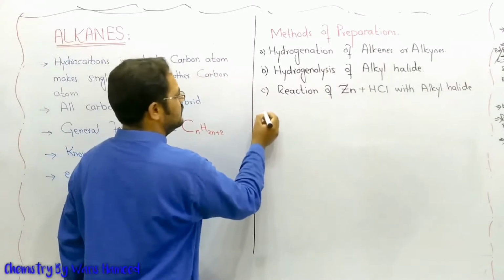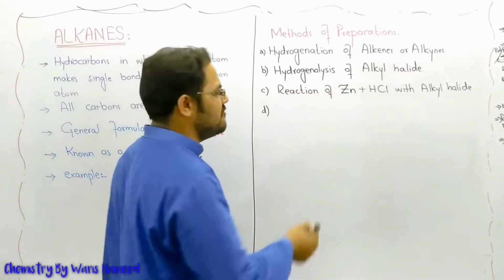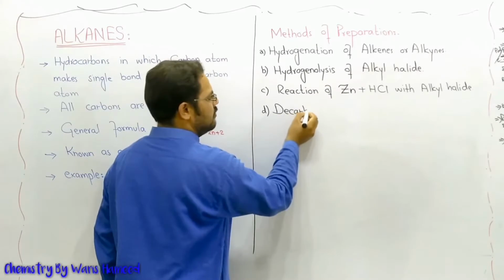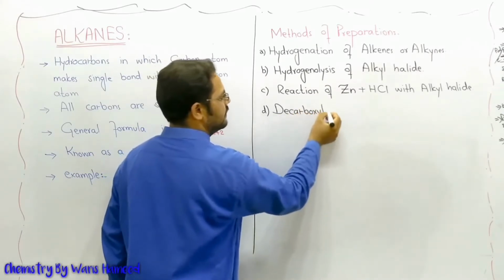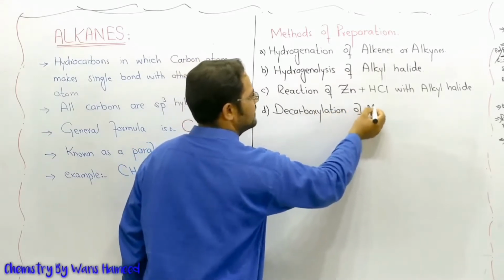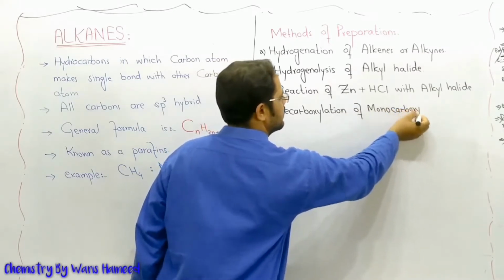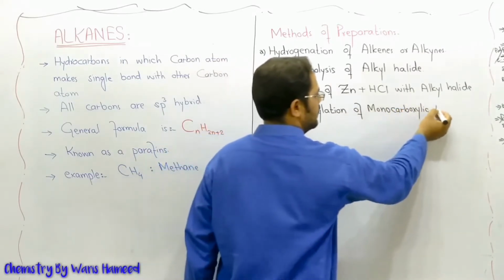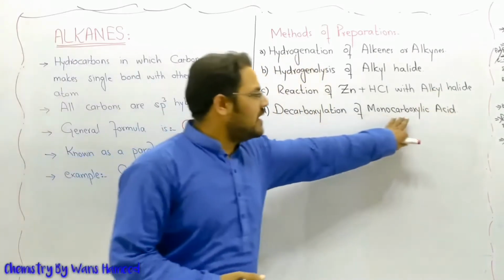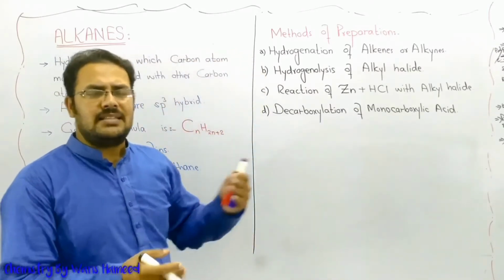And the fourth method is decarboxylation of monocarboxylic acid. We remove carbon dioxide from monocarboxylic acid in the presence of sodium hydroxide, and the catalyst is calcium oxide.